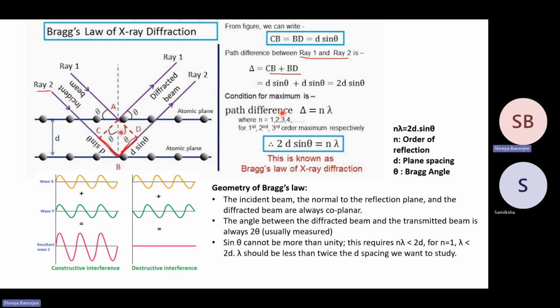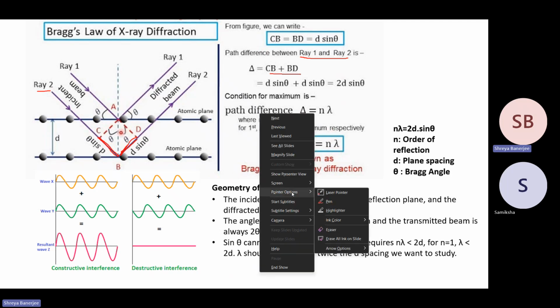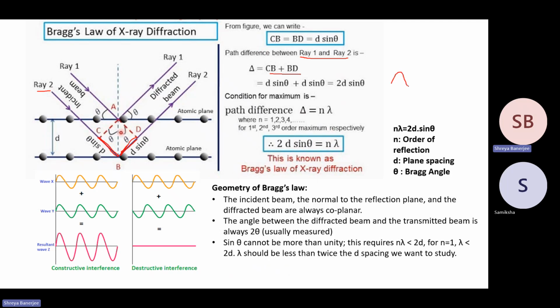So what this equation is saying is that when the path difference between the two waves, the path difference we calculated was 2d sine theta, when this path difference is an integral multiple of lambda, like suppose you have one ray like this and another ray like this.